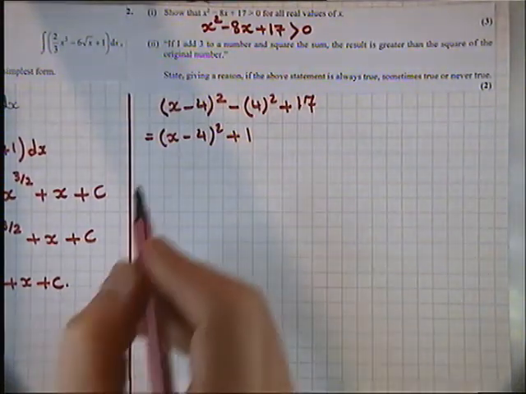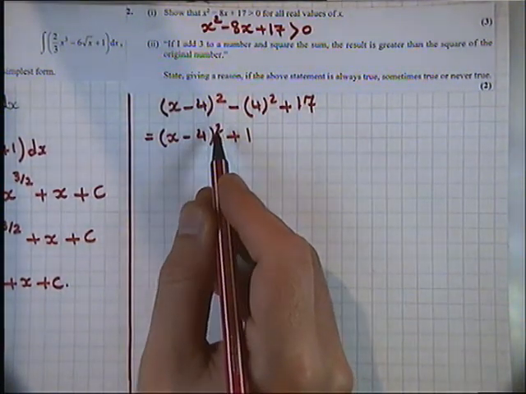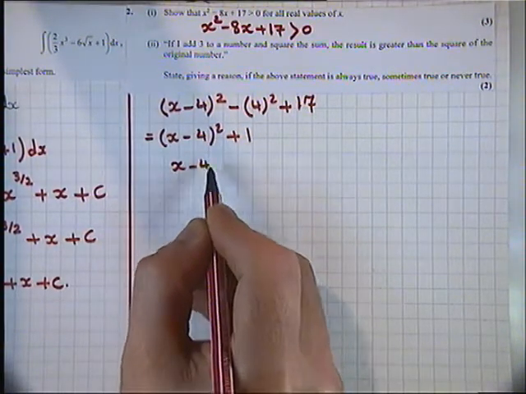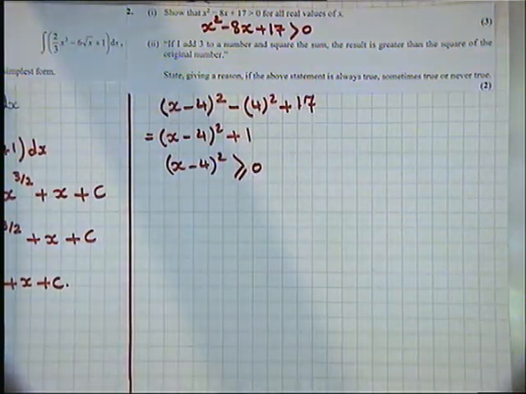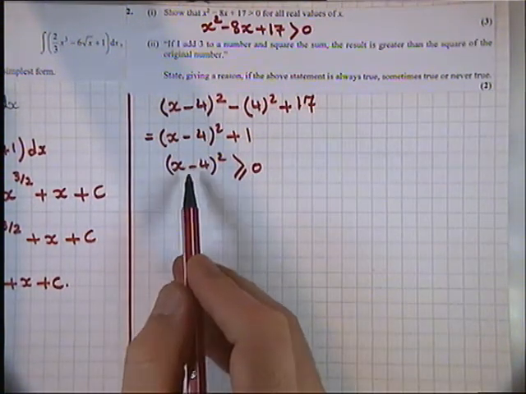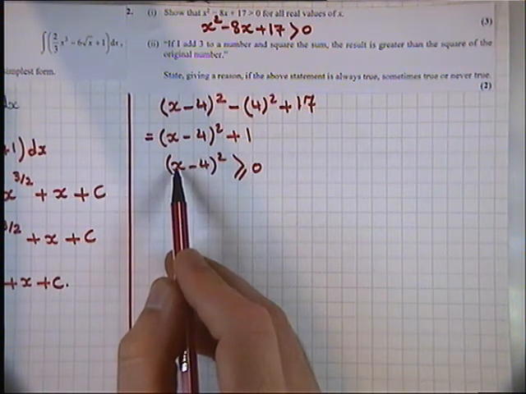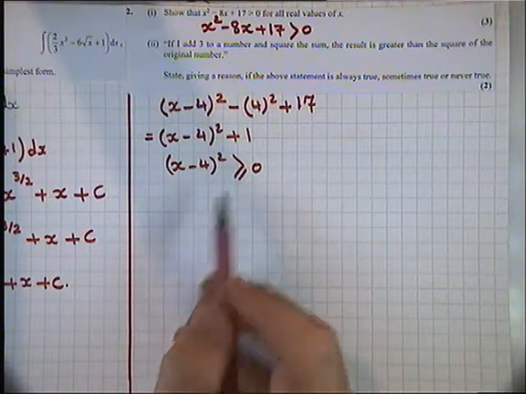So we know that x minus 4 squared is always greater than or equal to 0. Why? The minimum value which x minus 4 squared can take is 0 when x is equal to 4. For example, 4 minus 4 is 0, 0 squared is 0.